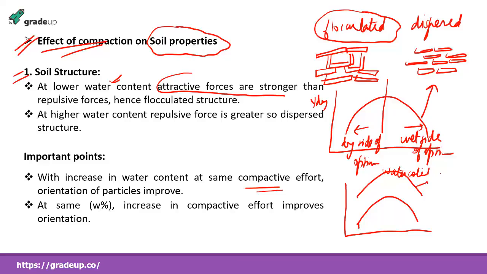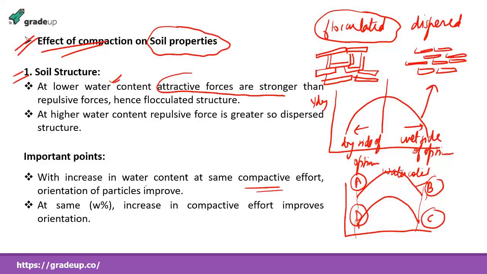Let this be a heavy compaction test where more energy is applied and water content is same in both these cases. Okay, let this point be A, this be B, this is C and this is D.